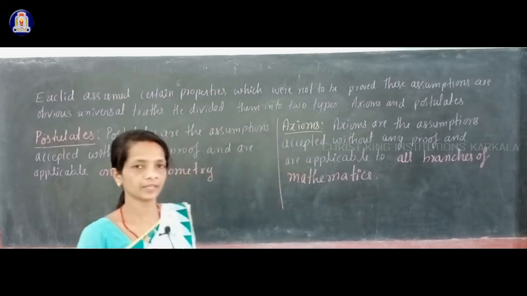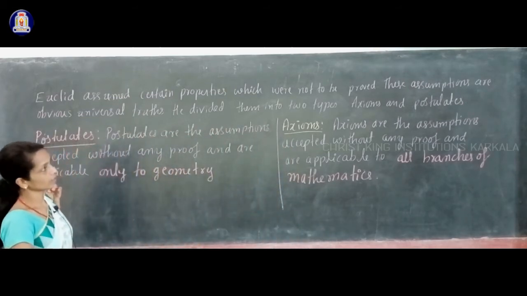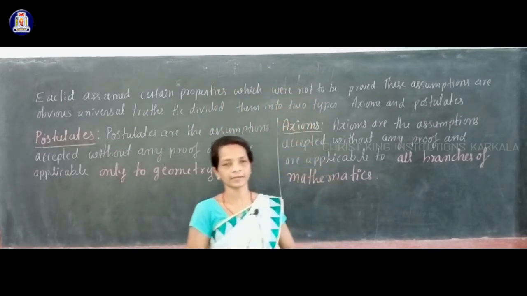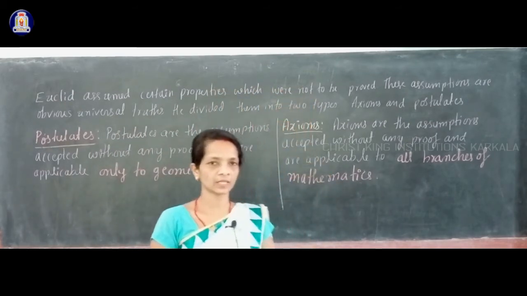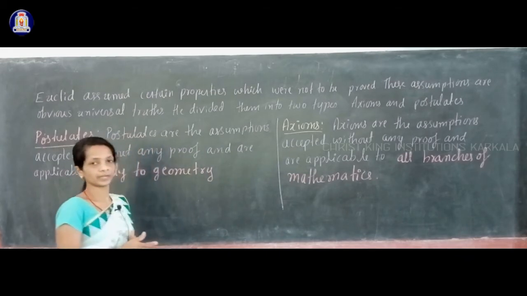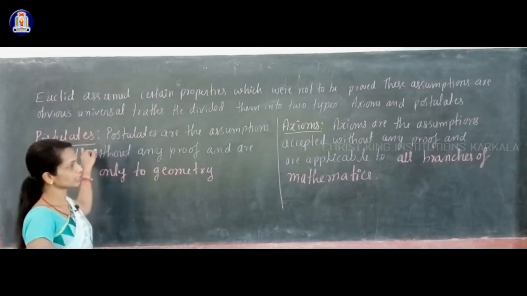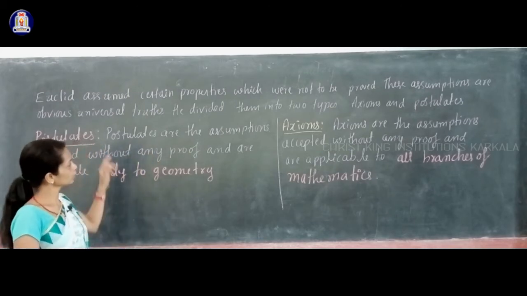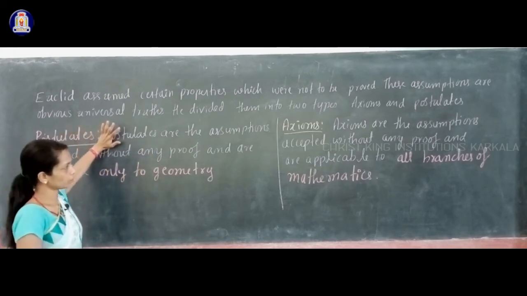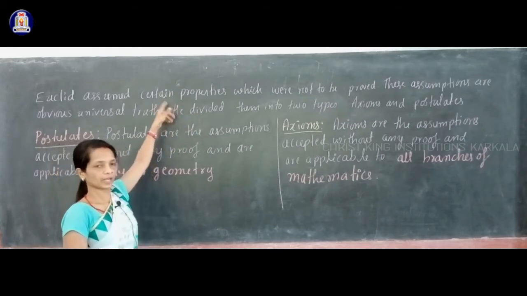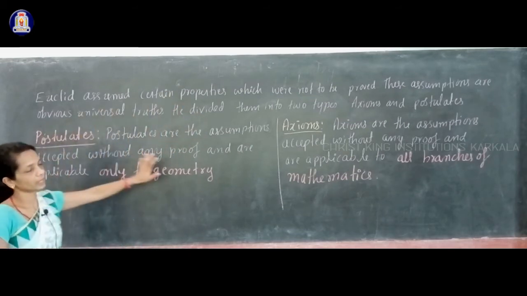Euclid assumed certain properties that are not to be proved. These assumptions are actually obvious universal truths, and he divided these assumptions into two types: postulates and axioms. Postulates are assumptions made by Euclid that are accepted without any proof.